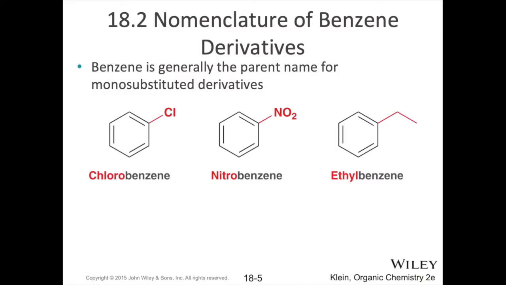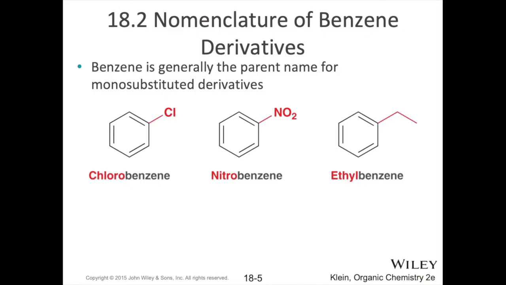You don't need to have a locant for it. So for example, if you have a chlorine coming off your benzene, it's just chlorobenzene. Just like if you had a chlorine coming off your cyclohexane, it would be chlorocyclohexane. You don't have to say one chlorobenzene for the same reason you don't say one chlorocyclohexane.